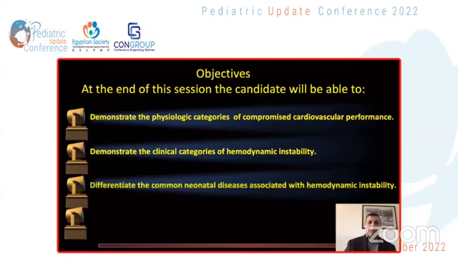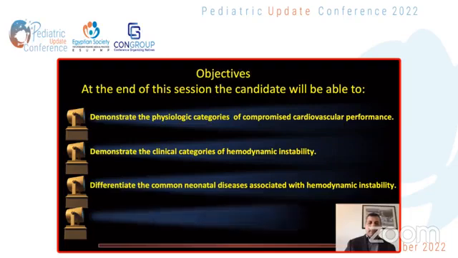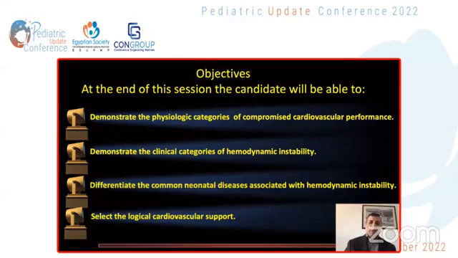Third, differentiate the common neonatal diseases associated with hemodynamic instability. So we'll discuss the physiology, then the clinical categories, and the different diseases that might be associated with hemodynamic instability. And at the end, objective number 4, how to select the appropriate logical support for the cardiovascular system.